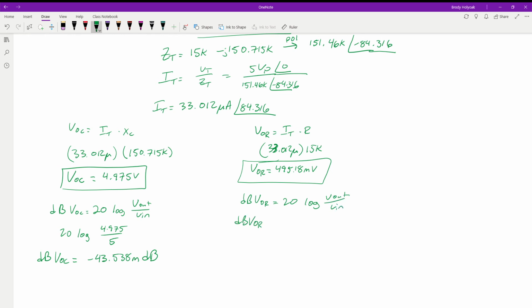So the decibels for the V out of the resistor is 20 log times 495.18 millivolts. We divide that by 5, and that value comes out to be negative 20.084 dB.